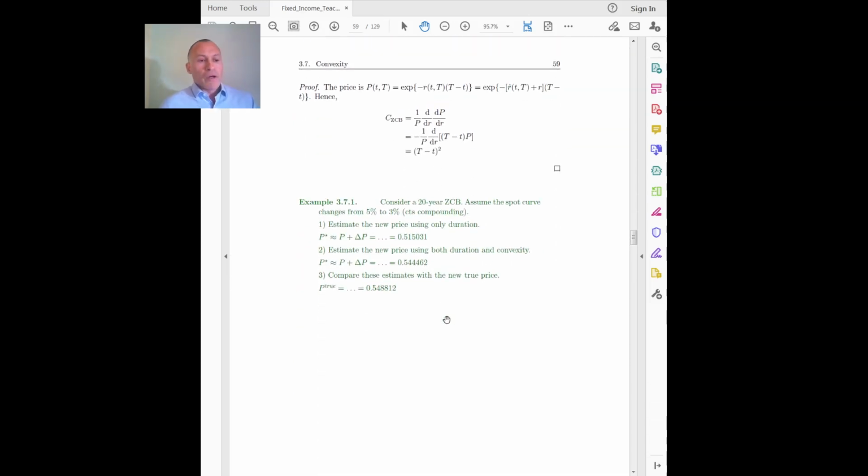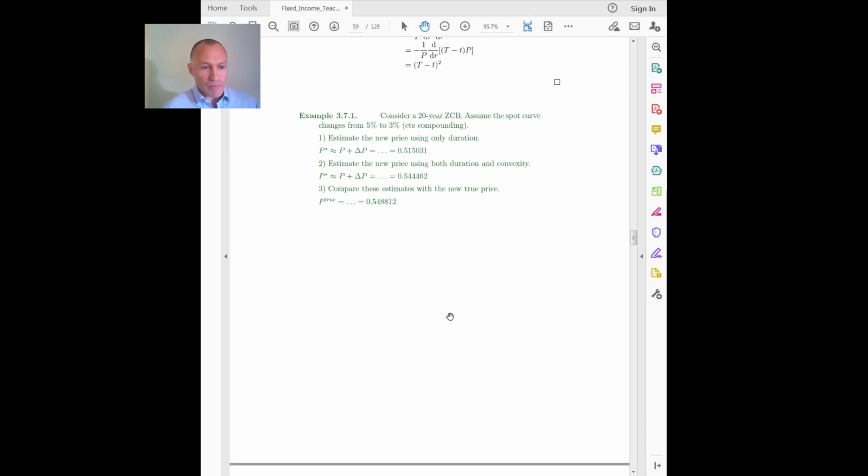Quick example. Let's consider a 20-year zero coupon bond, and let's assume that the discount rate changes from 5 to 3%. Let's approximate the new price of the bond with the different terms that we have so far: only the duration, as we have done before, and now with this new convexity.